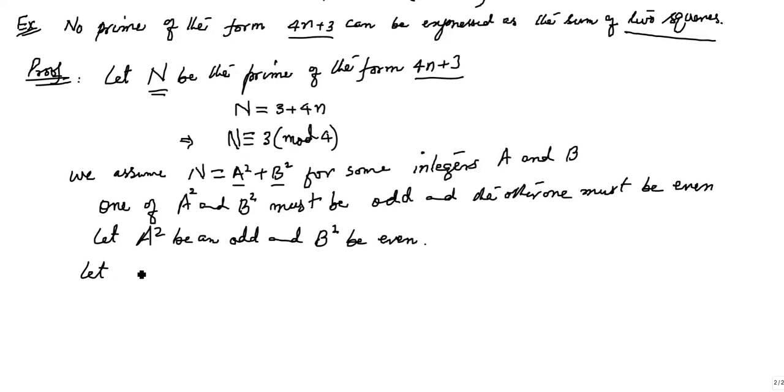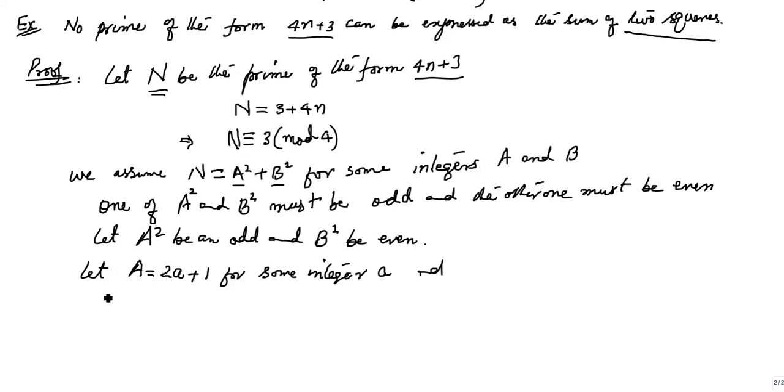So we assume that a is equal to 2a plus 1, because a is an odd number and the general representation of an odd number is 2a plus 1, for some integer a.